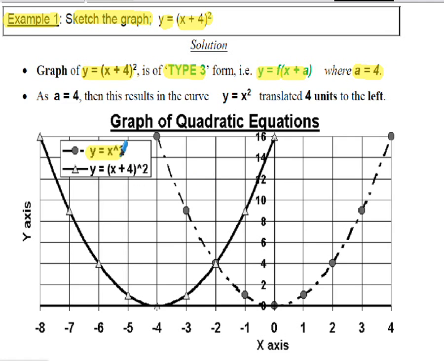And if we plot the y is equal to x squared curve, we would plot this shape with the vertex passing through the 0, 0 position, parabolic shape. If we now plot the y is equal to (x plus 4) all squared equation, we find that the vertex shifts to the left by 4 units, so the vertex crosses at negative 4.